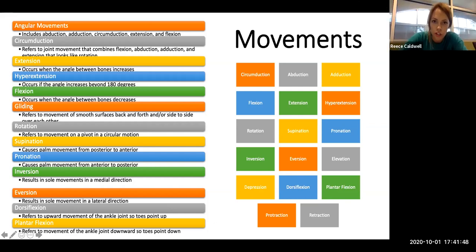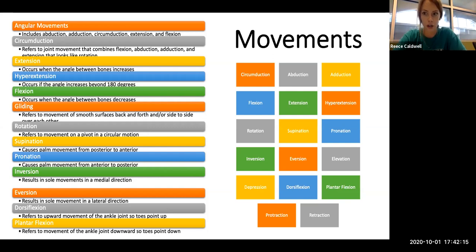Okay, so those were all the joints we're gonna look at, and we'll quickly review our movements. So we looked at these at the beginning of the semester, so you should kind of know these. If you don't know them by now, you definitely want to drill these down. ESS professors, especially the level 3, level 4 professors, will say things like pronation, supination, inversion, eversion real quick in the middle of a sentence, and if you don't know it, you're gonna be really lost.